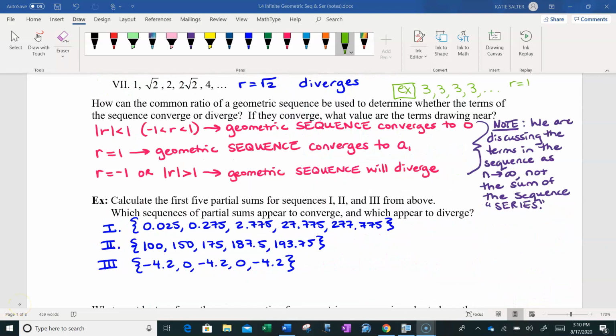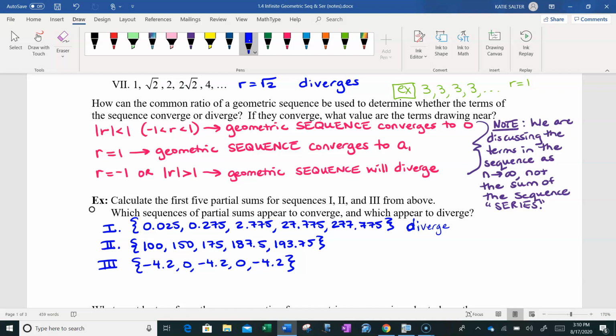All right, so when I look at this first one, and this is our partial sums, so this is S sub 1, S sub 2, S sub 3, S sub 4, S sub 5, these numbers just keep getting larger and larger and larger. So I would say that this one, the partial sums would diverge. However, when we look at the second one, you'll notice that even though it's getting bigger, the sums aren't as far apart.